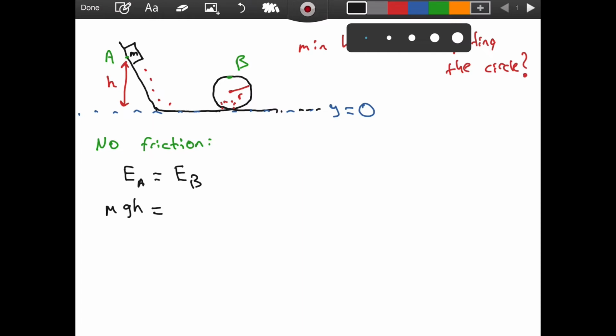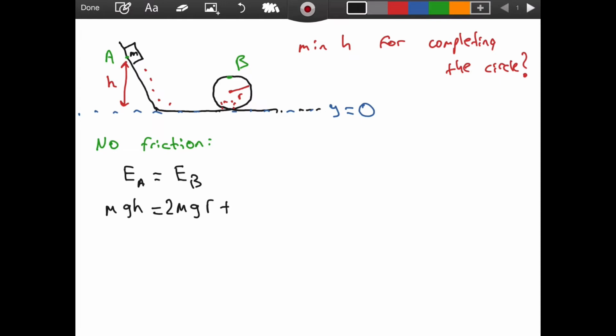It is just going to be r plus r. So 2r basically, right? The diameter of the circle, or 2 times the radius of the circle. So the height is 2r. Then we have mg. We will write 2r like this. But to make it more elegant, more beautiful, I put the 2 forward and then put the r. Okay? This is the potential energy.